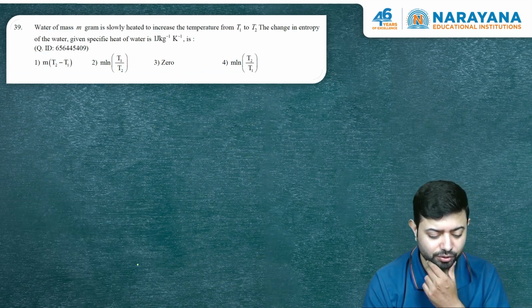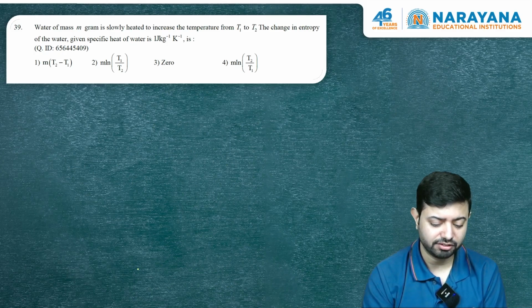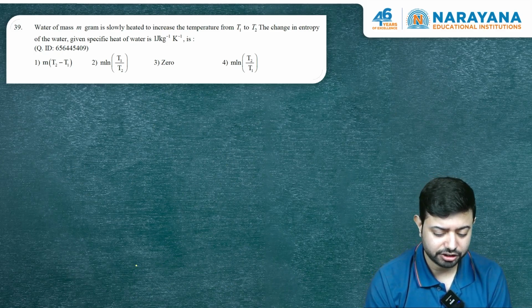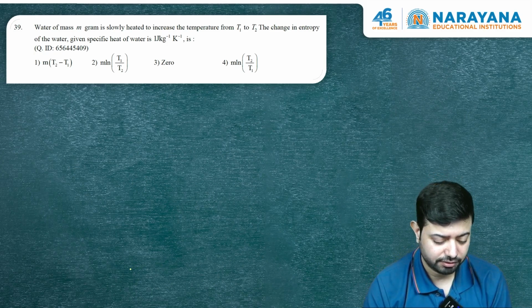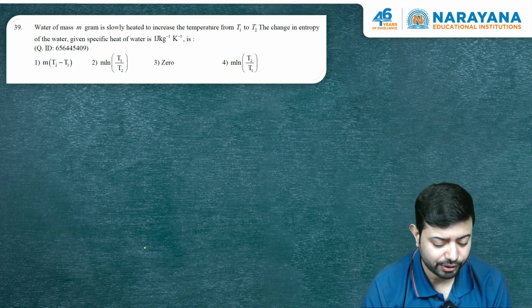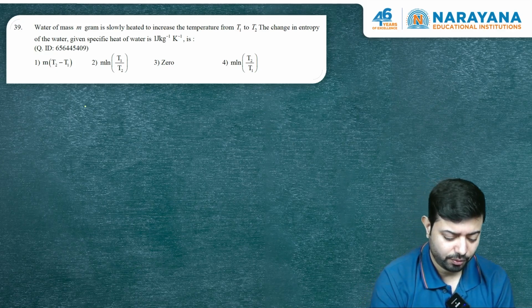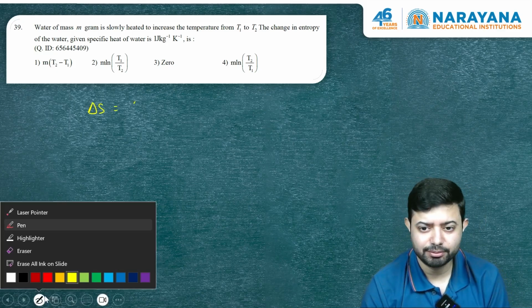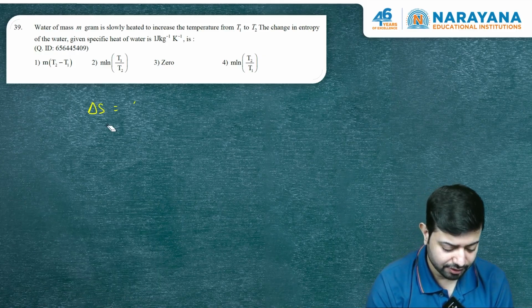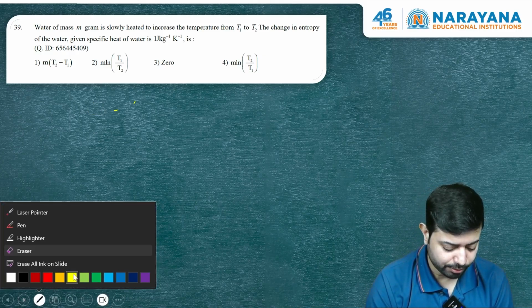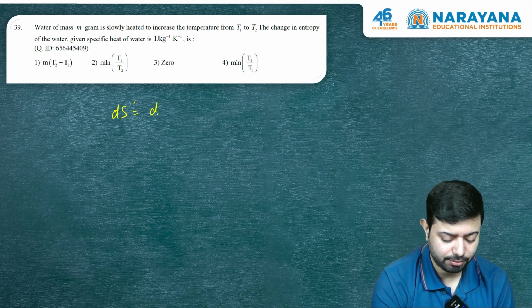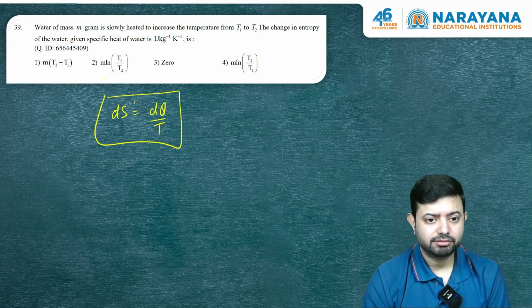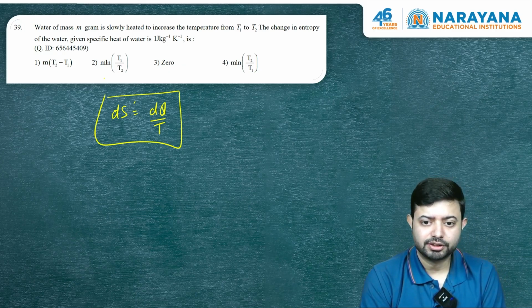Water of mass m gram is slowly heated to increase the temperature from T1 to T2. What is the change in entropy of the water, given the specific heat of water is 1 joule per kg per Kelvin? Well, the change in entropy, for an infinitesimal element, is ds equal to dq by T, the heat absorption which is taking place at a particular temperature.